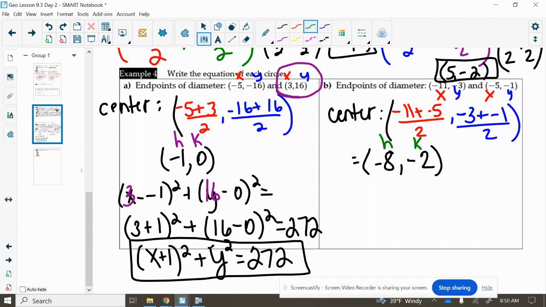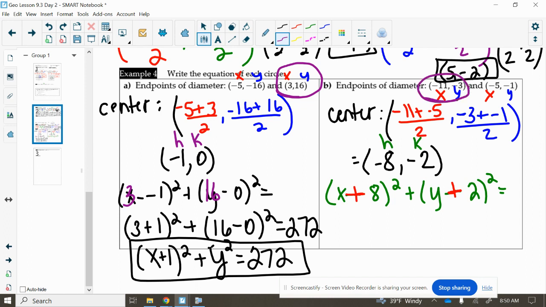And again, we can start this process off by plugging in our values of h and k. Now notice on both of these, we have minus and negative, so that changes this to a plus sign because of the minus and negative. Now again, up above, you have two options for what you could plug in. You could either plug in -11, -3, or -5, -1. Either one you want to plug in.